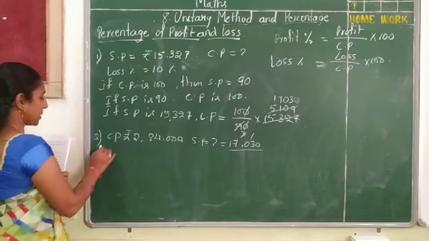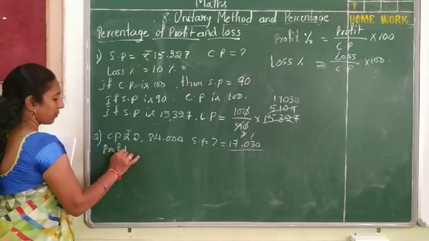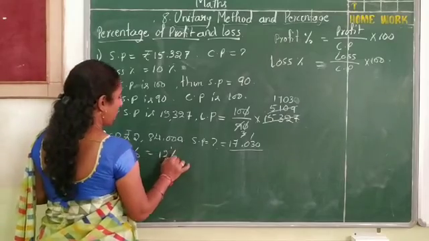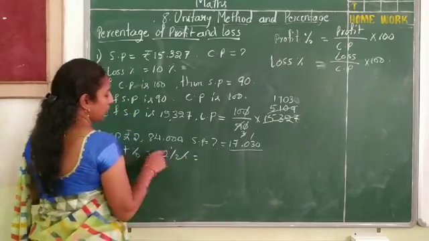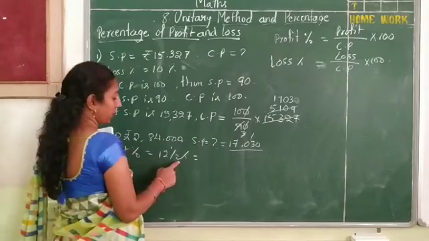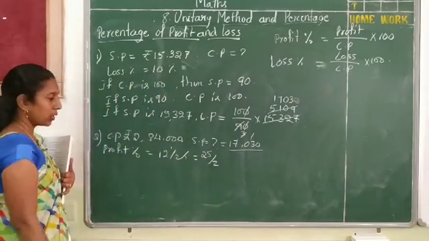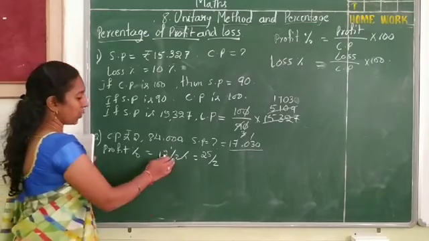The profit percentage is 12.5%. We should convert that into a mixed fraction: 12 2s are 24 plus 1, 25 by 2. Otherwise, we can write it as 12.5 also.